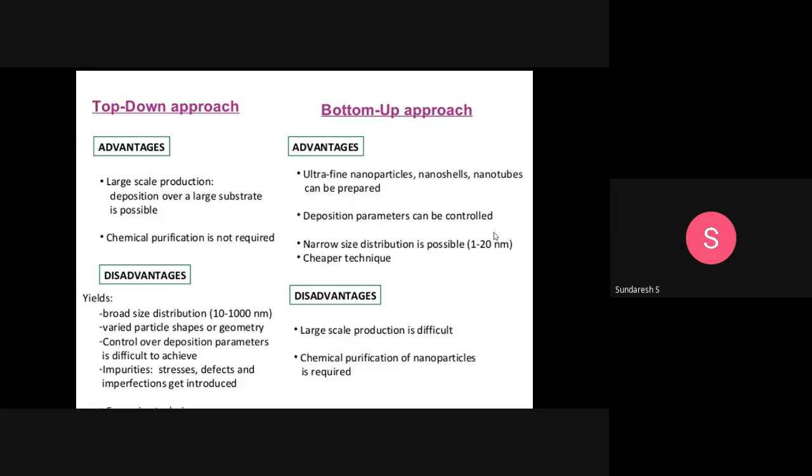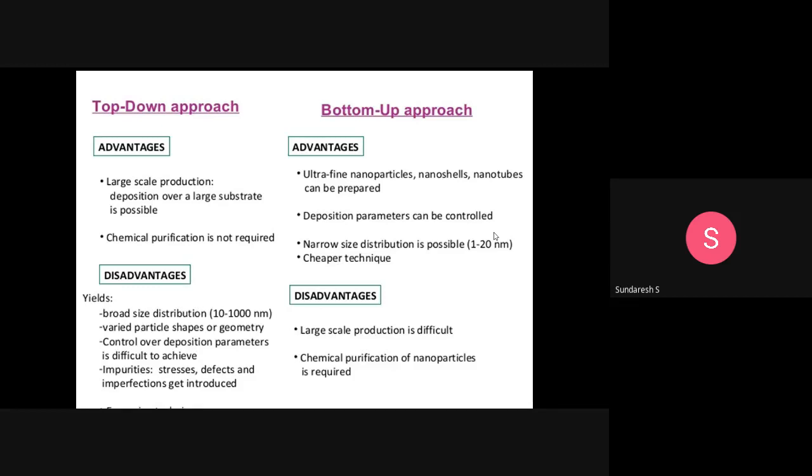When it comes to the disadvantages, large-scale production is difficult. You cannot produce in bulk. Chemical purification of nanoparticles is required. So chemical purification is the most important thing that needs to be taken care of while you are synthesizing nanoparticles using bottom-up.